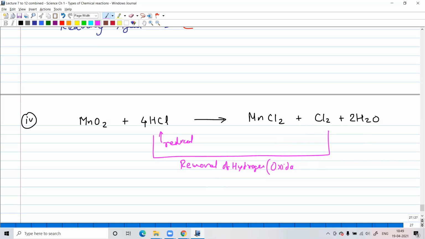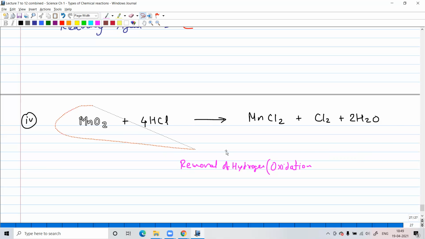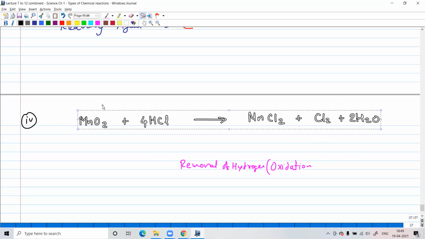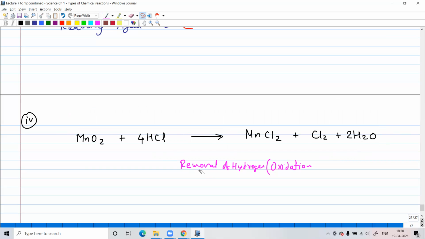Okay. Removal of hydrogen is oxidation. I know this can be a little confusing in the beginning, so don't worry. Try to get your head around this thing. What is getting removed? What is getting added? Can be a little bit testing. Okay, so it's okay. So HCl to chlorine, and what's happening?